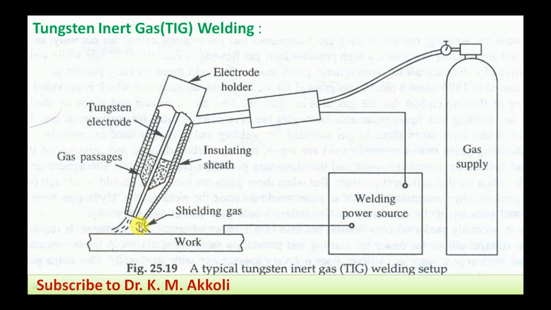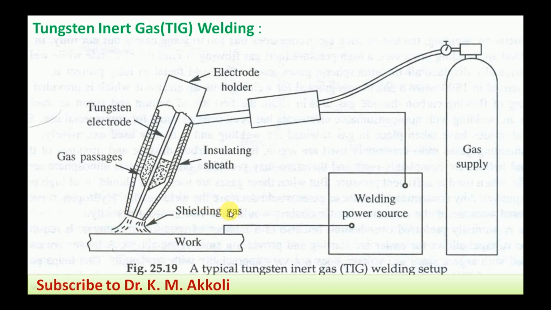In the molten state, it readily combines with atmospheric contaminants and forms metal oxides. The metal oxide is the rust, and it reduces the strength of the welded joint. So the molten metal, before solidifying, should be protected from the outside environment by shielding gas.